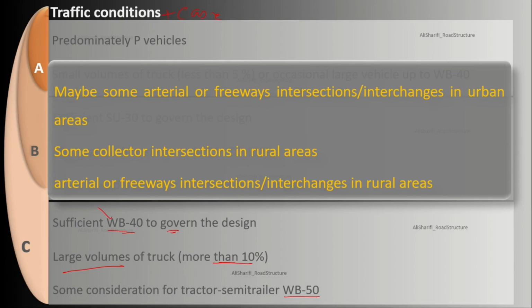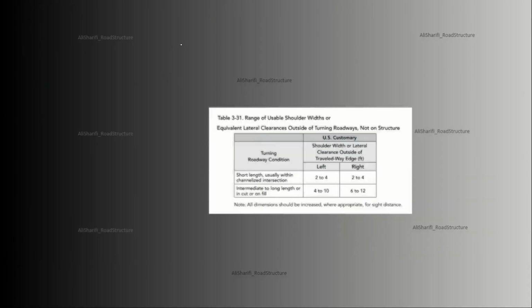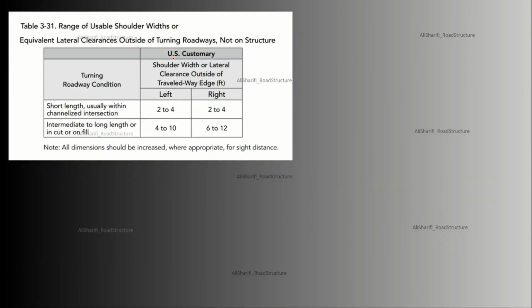But since the presence of a shoulder may decrease the needed width, let's first see what range of shoulder width is recommended in the Green Book for turning roadways. You may want to consider this row for case 1 and the second row for cases 2 and 3.